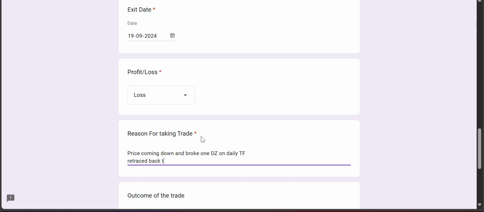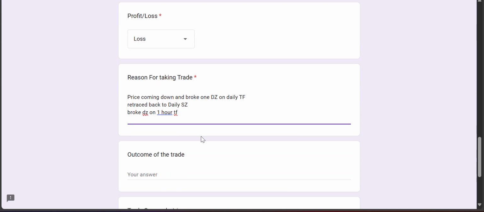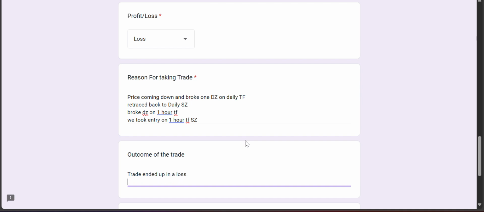Retraced back to daily supply zone, broke demand zone on 1 hour time frame. We took entry on 1 hour time frame, supply zone. Trade ended up in a loss. As we know, why we think it ended up in a loss.